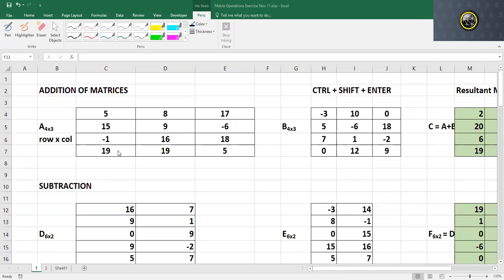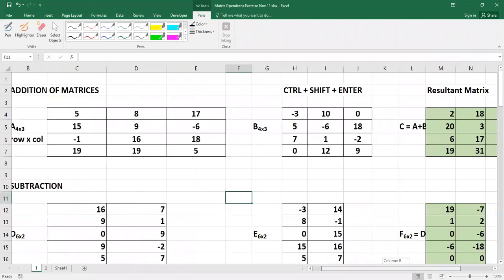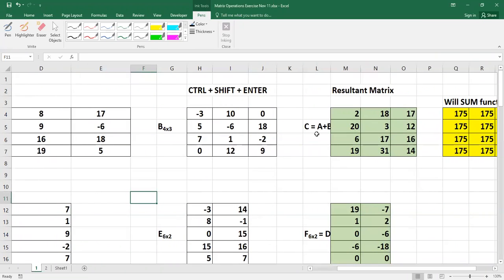So A plus B, for example, if two matrices A plus B are 4 by 3 and 4 by 3, then you can add these two matrices. In our discussion last time, we called it C, and we just used the sum function in Excel.